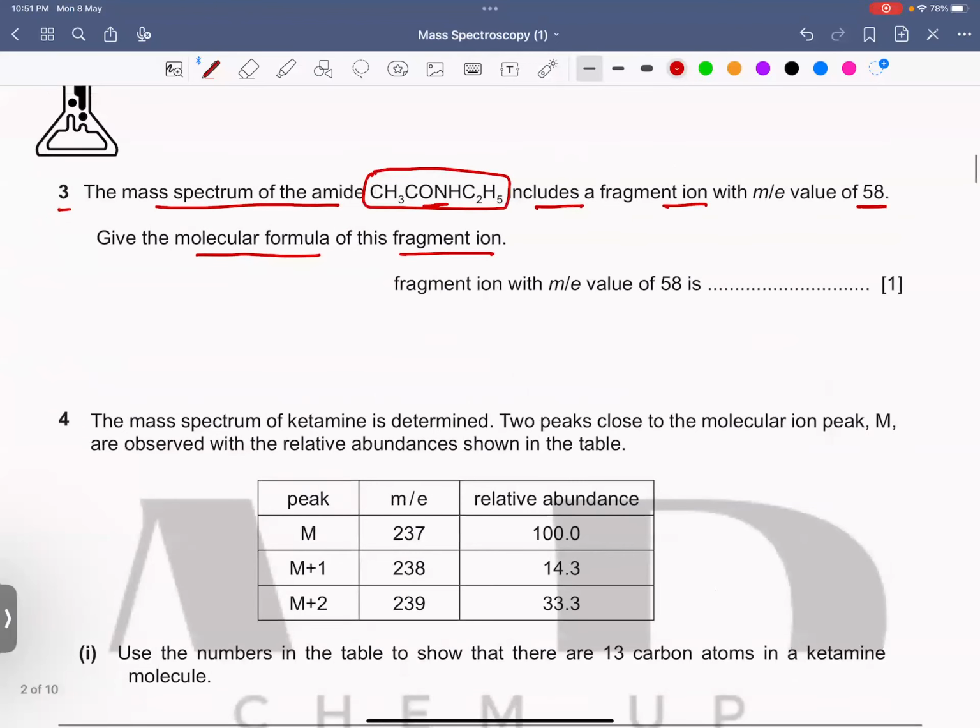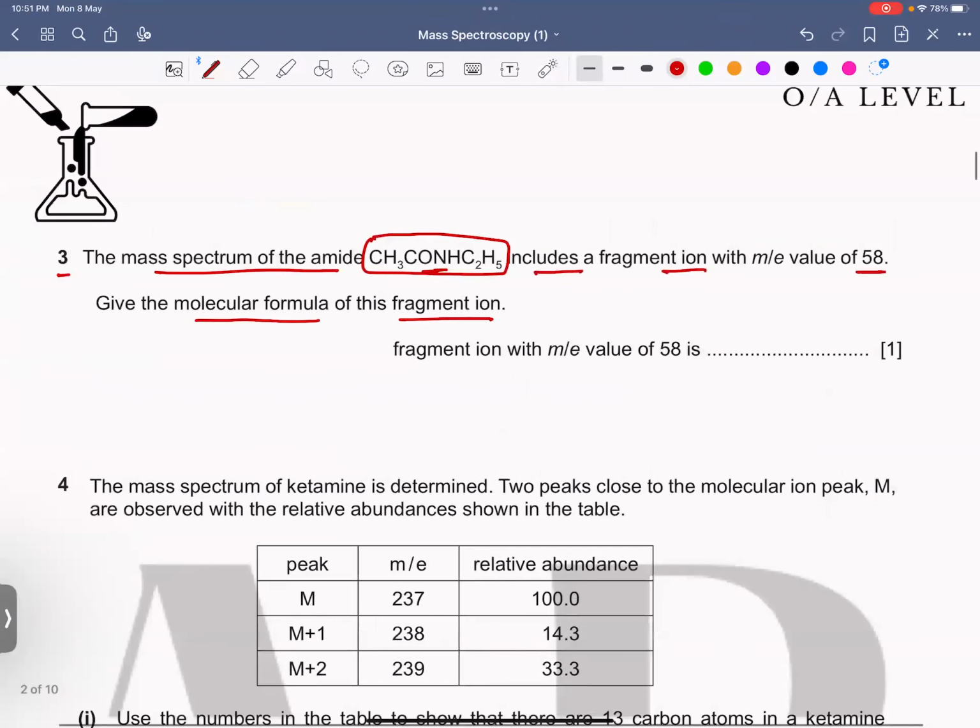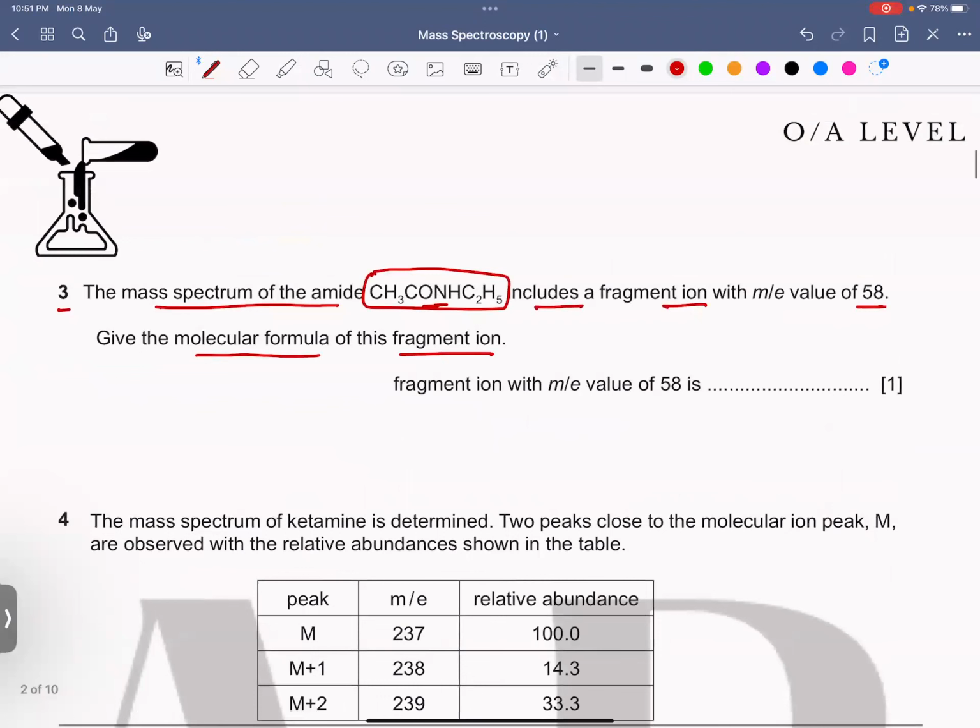So CH3, CO, NH, C2H5. So the mass of CH3 would be 15. Here carbon and oxygen, 12 plus 16, would be 28. Nitrogen 14 plus 1, 15. And C2H5 means 24 plus 5, 29.